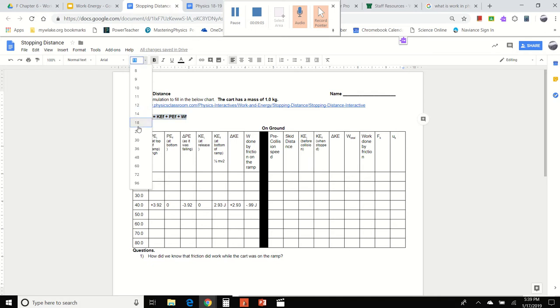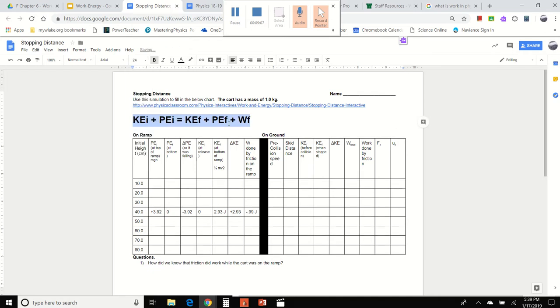You can write this on your sheet if you want. Okay, I'm going to pause this to put some... So here's our big equation. This is conservation of mechanical energy when there's an outside force. If there's no outside forces, there's no outside work being done, the whole thing just looks like this in parentheses.